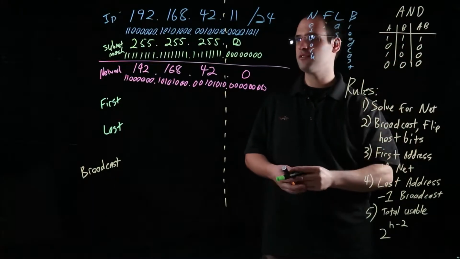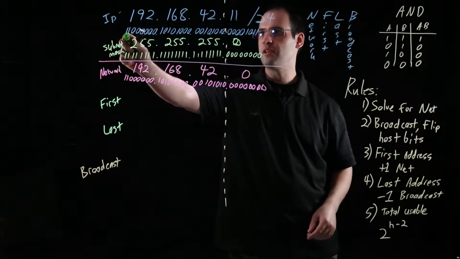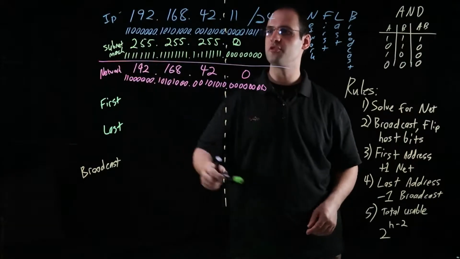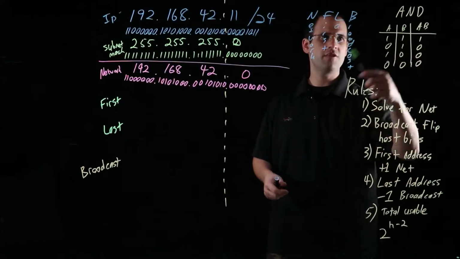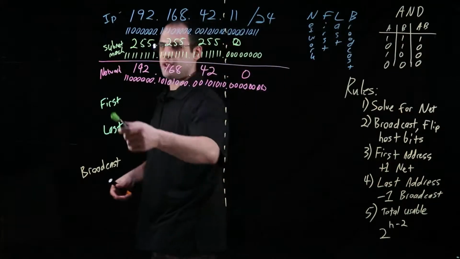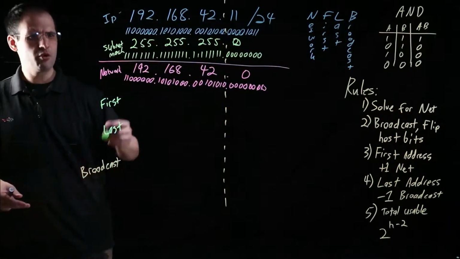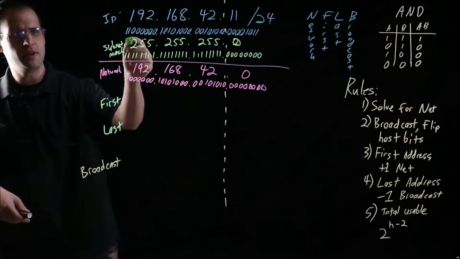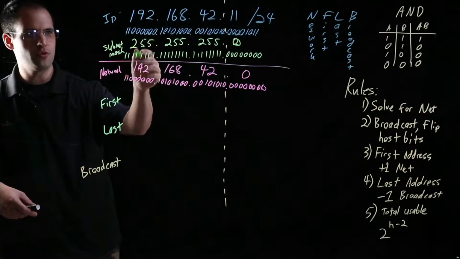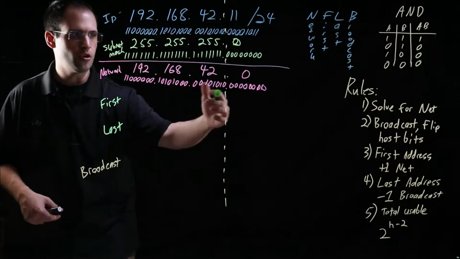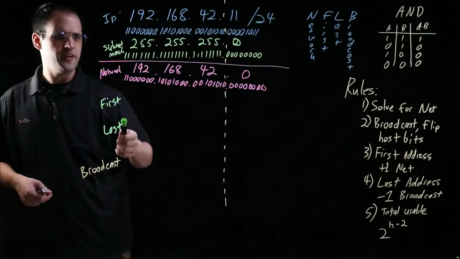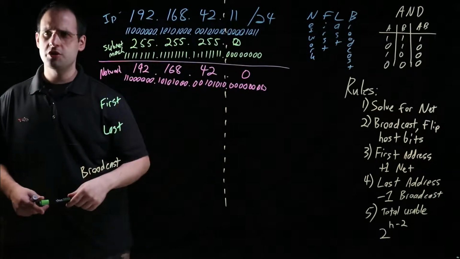Depending on the comparison between any given bit of the IP and the same position of the subnet mask, we get the output AB, or in our case, the network address. We went through this ANDing process bit by bit, 1 to 1, 1 to 1, 0 to 1, 0 to 1, and so on, all the way down until we figured out what the network portion of our address is.